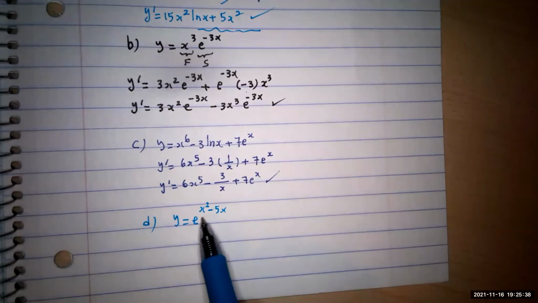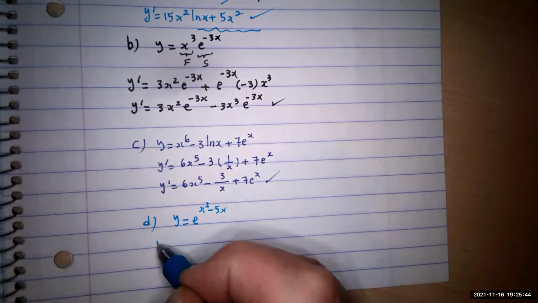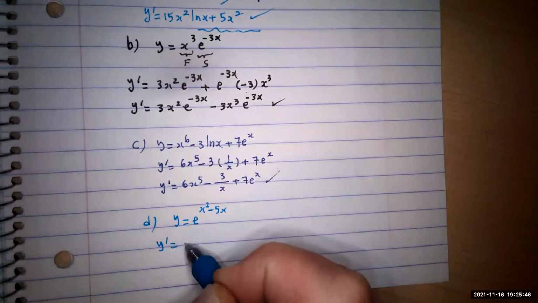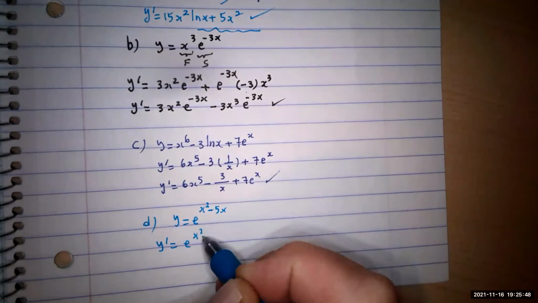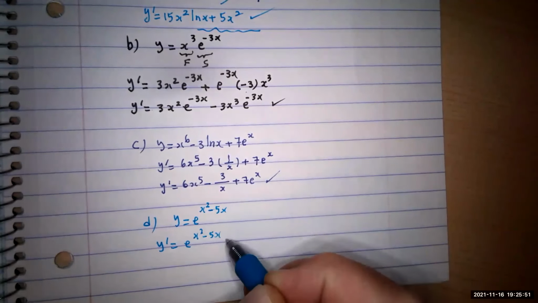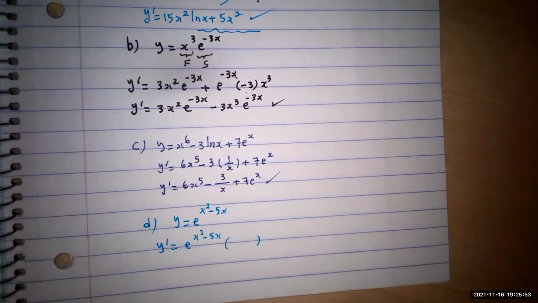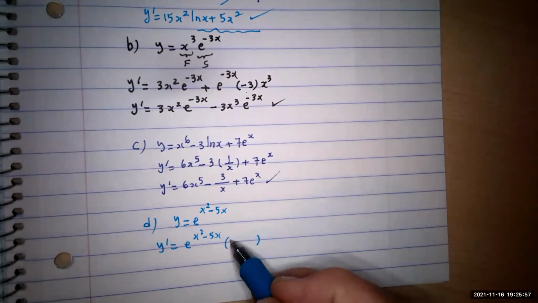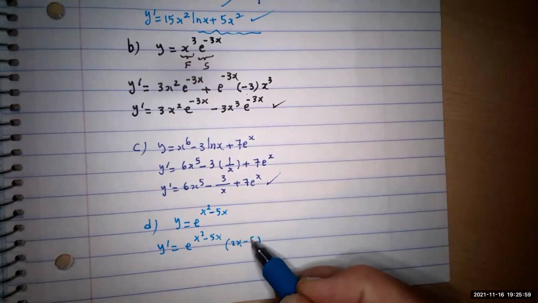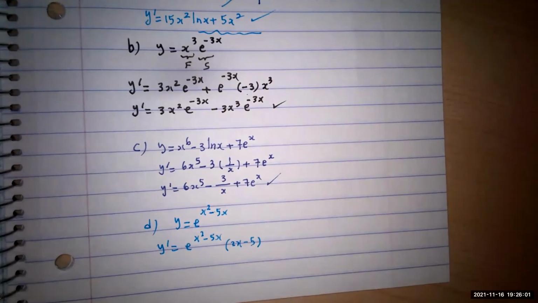Anything other than the x, you consider it to be u, and you have to apply the chain rule. So y prime is going to be the e function, e to the x squared minus 5x, times u prime, the derivative of the top. The derivative of x squared minus 5x would be simply 2x minus 5. Can't do anything about it, so we just leave it.